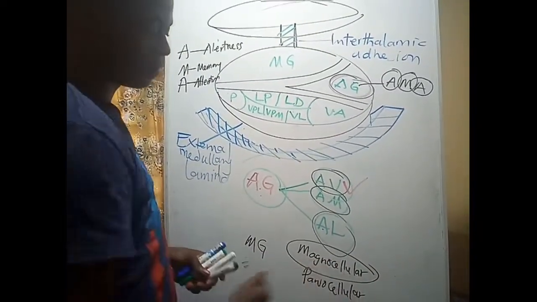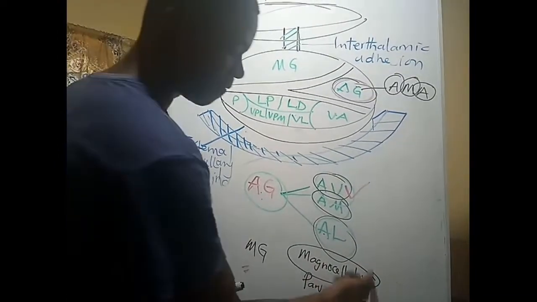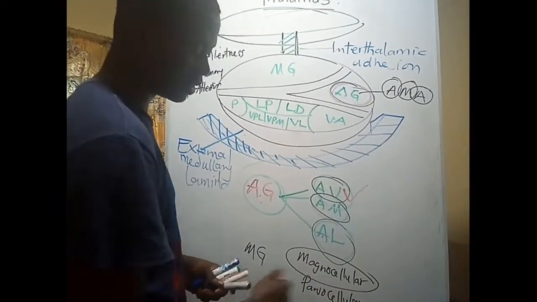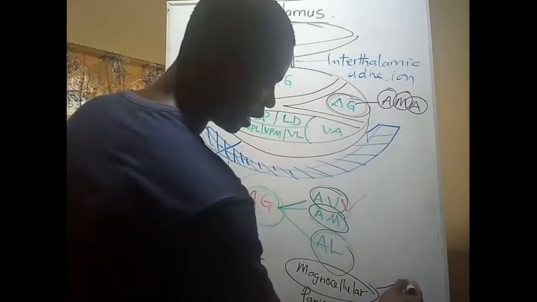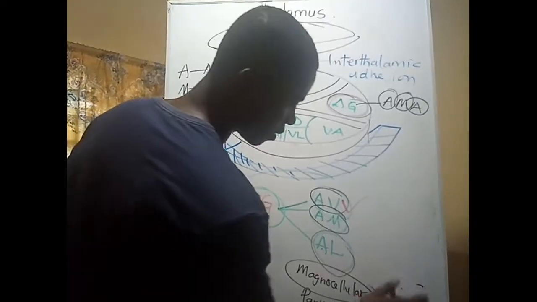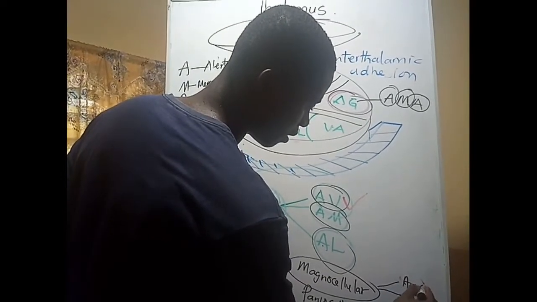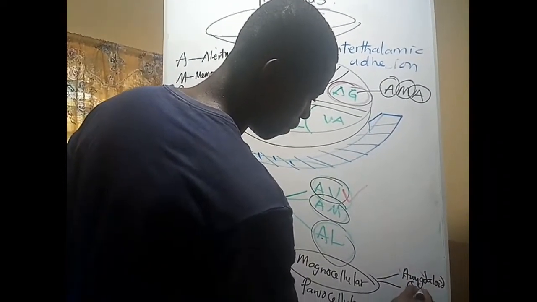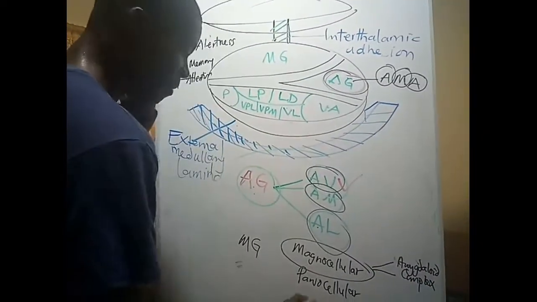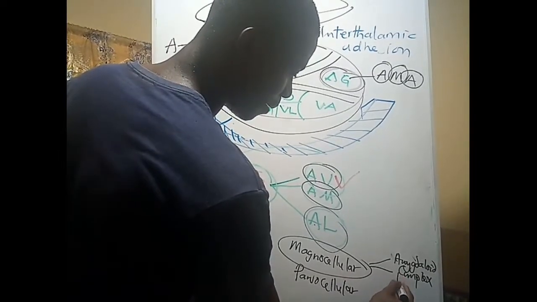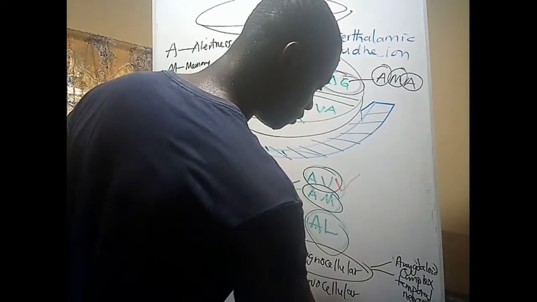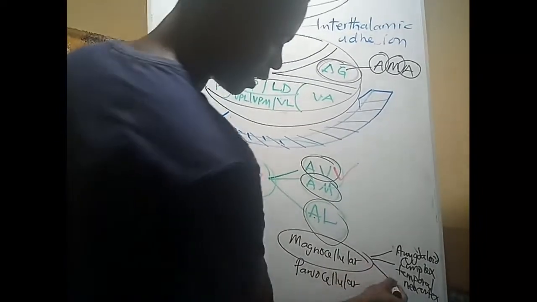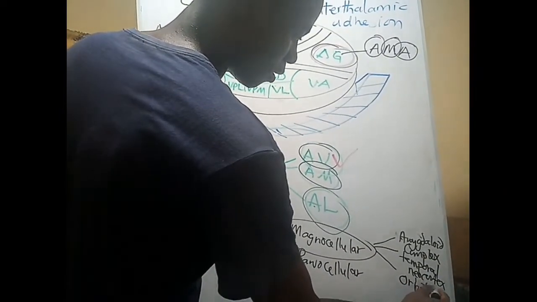The magnocellular nuclei of the medial group receive fibers coming from the amygdaloid complex, fibers coming from the temporal neocortex, and the orbitofrontal lobe.